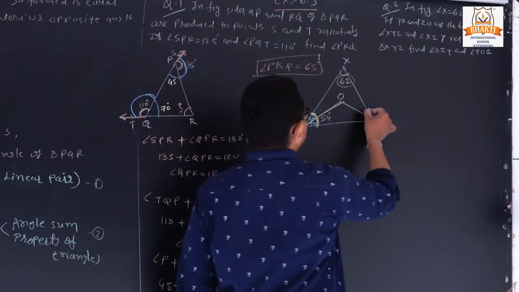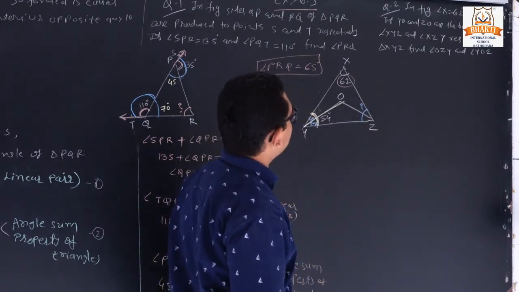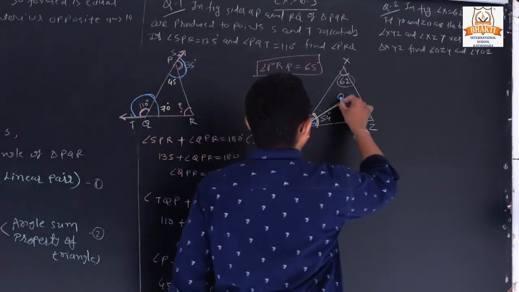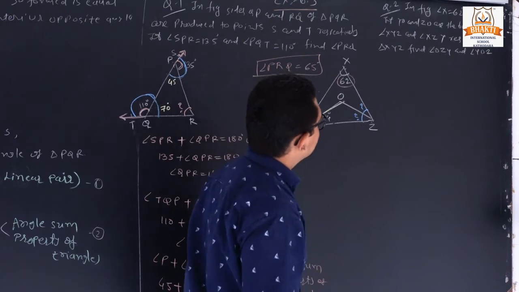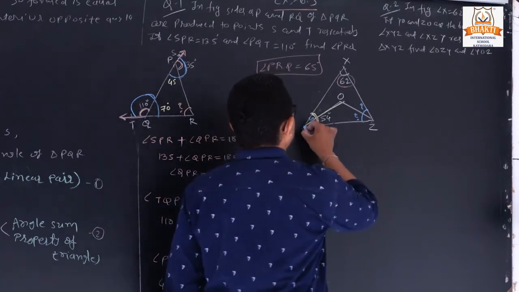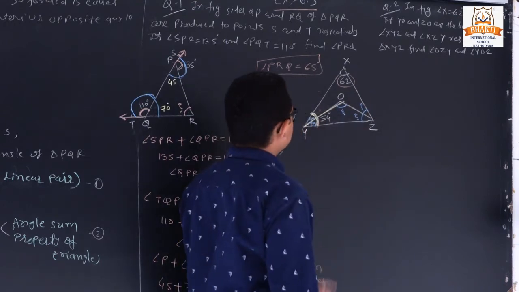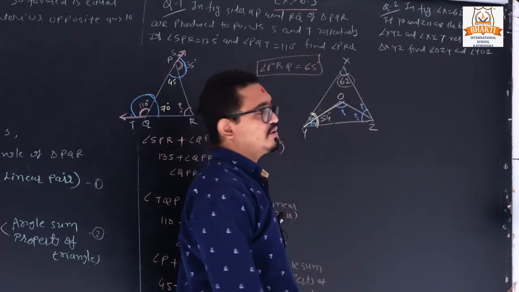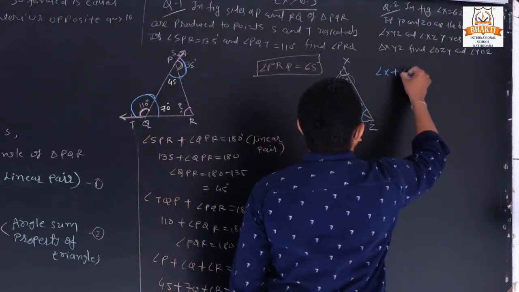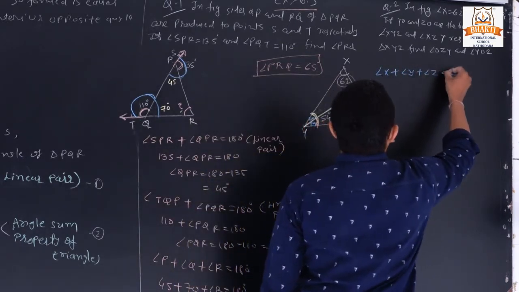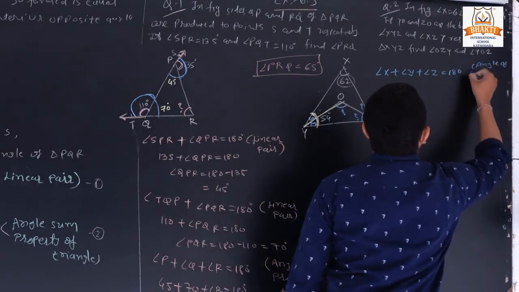Now we need to find, first of all, the third angle, because we want to find OZY, so this angle, and YOZ, so this angle. So here we are using first of all the angle sum property, clear? So we can write like that, angle X plus angle Y plus angle Z is equal to 180, angle sum property of triangle.